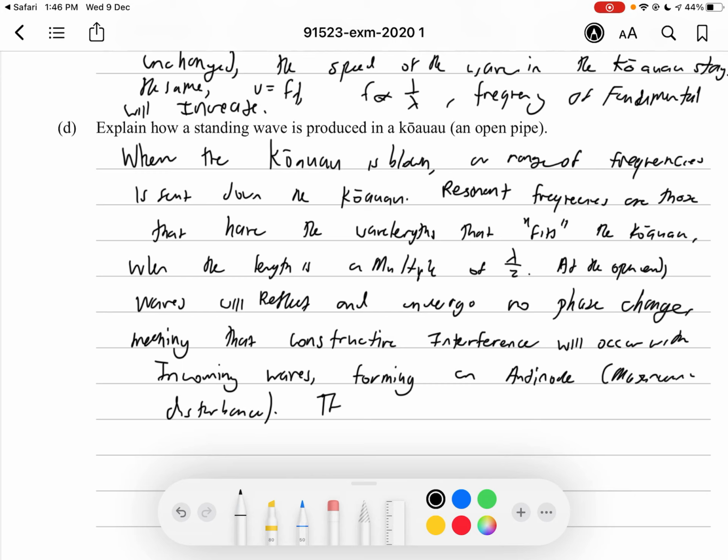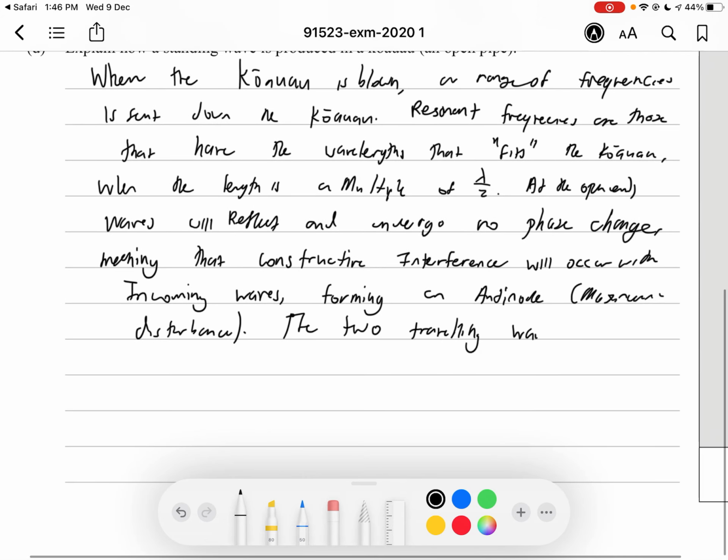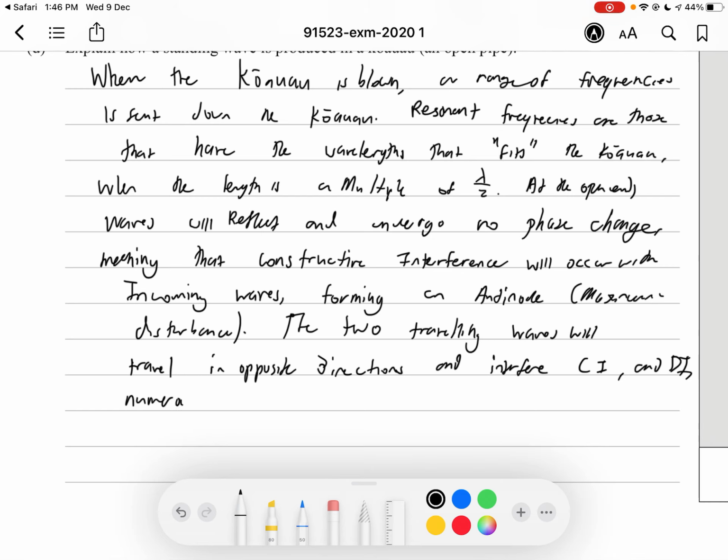We can say the two traveling waves, which make the standing wave, travel in opposite directions, and interfere constructively, which is CI, and destructively, which is DI, numerous times in between the open ends, depending on the harmonic played.